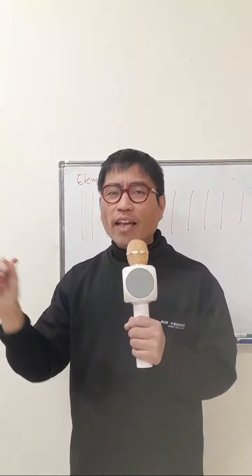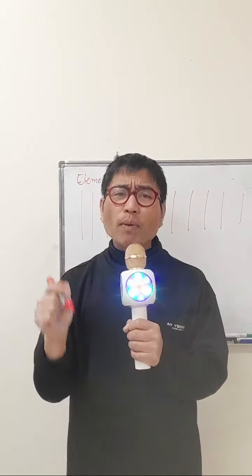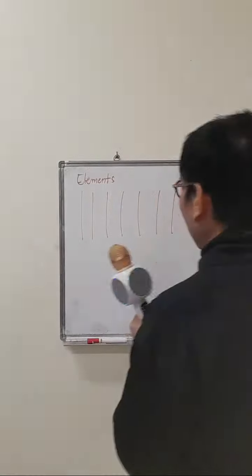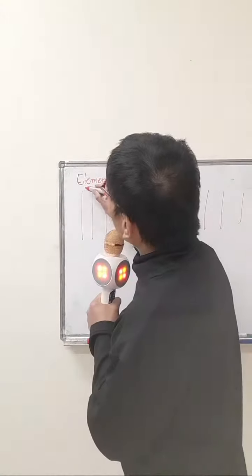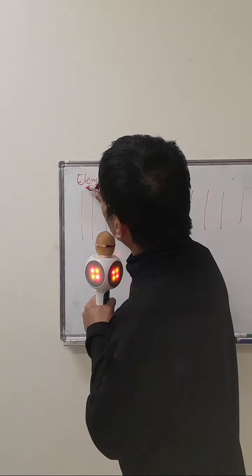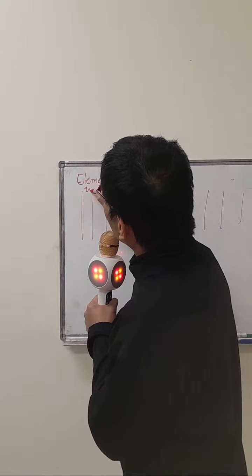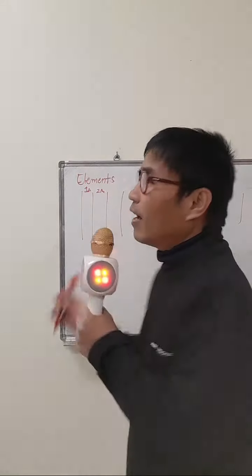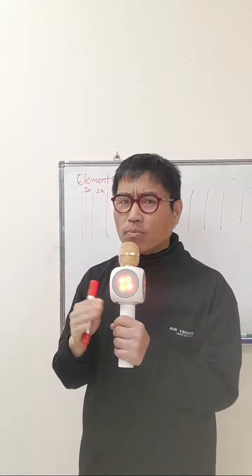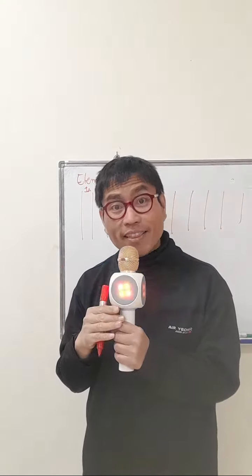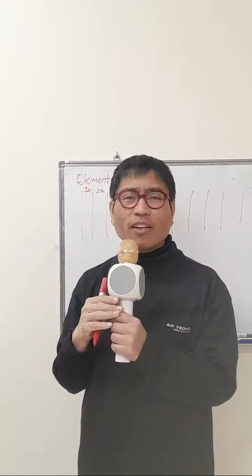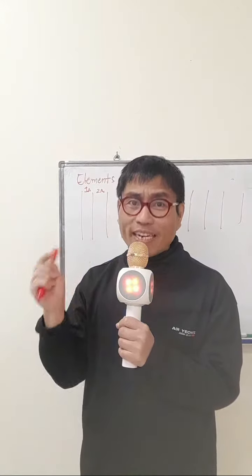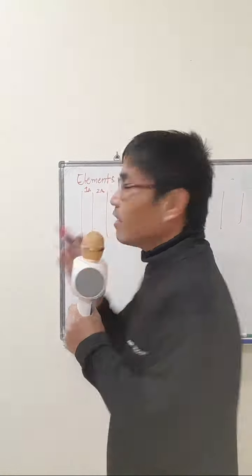Group 1A is lithium, sodium, rubidium, cesium, strontium, like that. Group 2A, for example, has calcium, magnesium, like that. Potassium, calcium, magnesium, manganese, something like that in 2A.